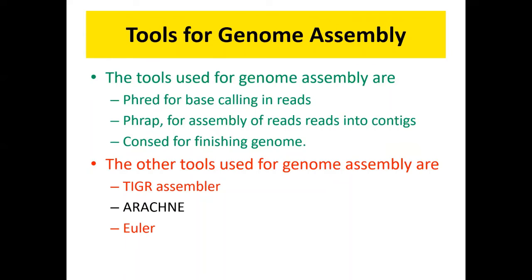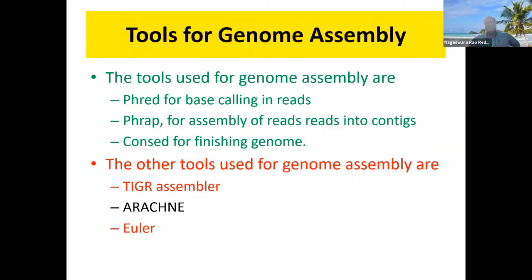Okay, so as said, these are the tools which are used for genome assembly. This is what we have discussed in the next part. Okay, so the tools used for genome assembly, we know that PHRED is for base calling in reads, PHRAP is for assembly of reads into contigs, and CONSED is for finishing the genome. And the other tools we have learned in genome assembly are TIGR assembler, that is the Institute for Genomic Research assembler, Arachne, and Euler.